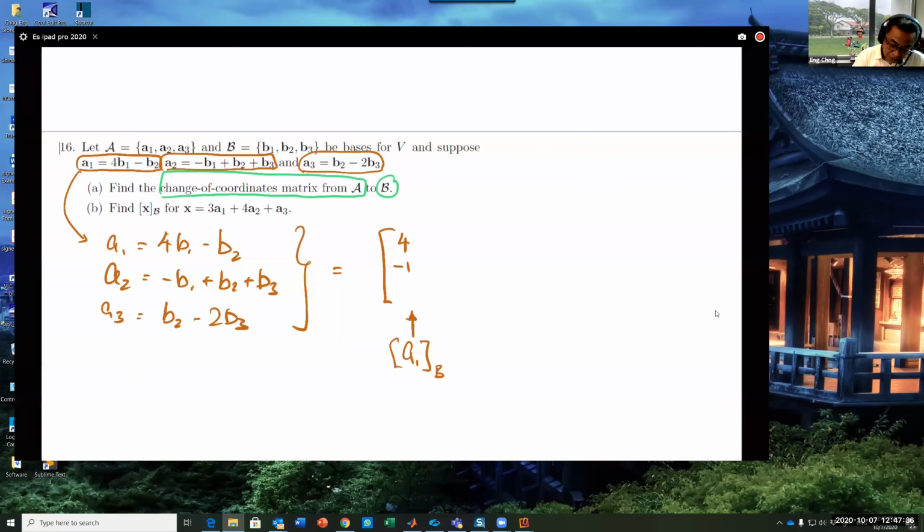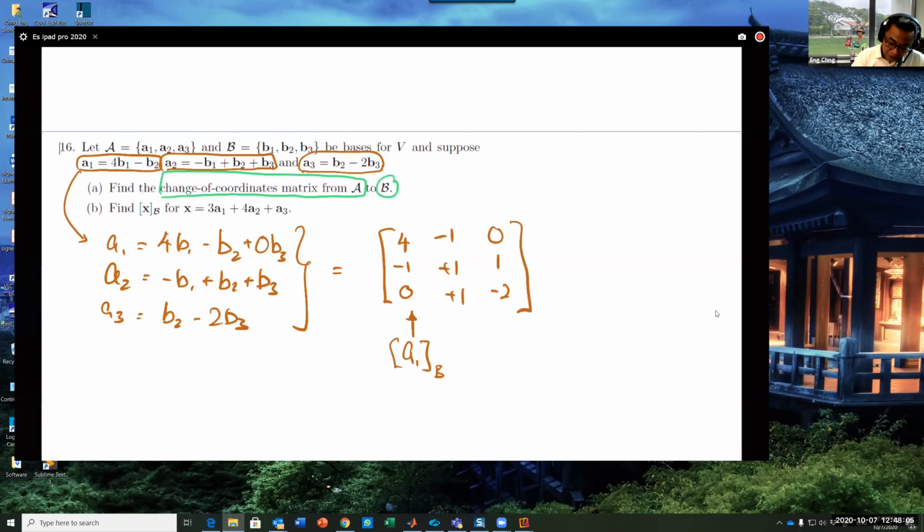And since B3 is nothing, it is 0 B3, if you really want to be pedantic. So the first column of this matrix represents what you have to do in the B coordinate for A1. Second one is -1, +1, +1. And the third one is 0, 1, -2.